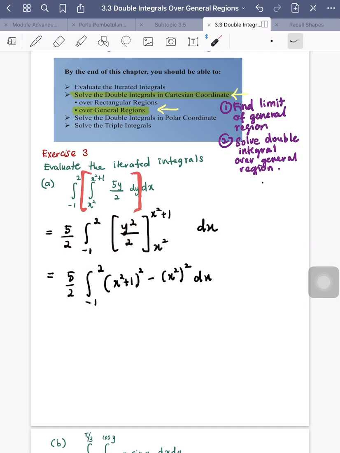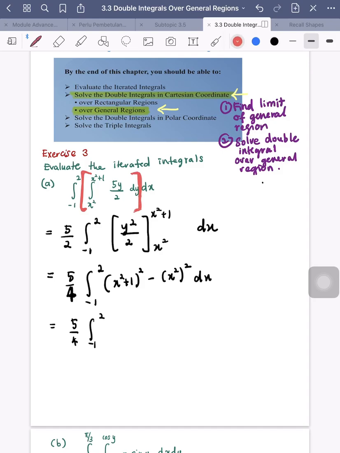So 2 times 2, you get 4 in the denominator. Next, after I have this function, I simplify 5/4 from -1 until 2.